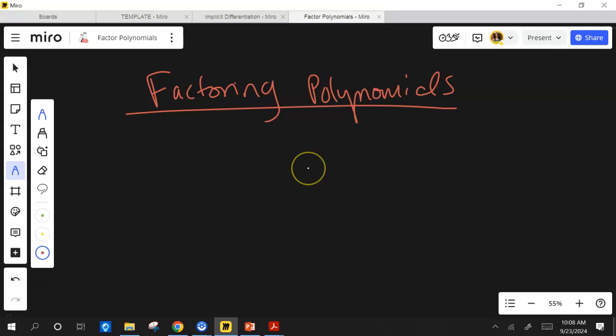Now, if there's 3 terms, it could be a perfect square trinomial, a quadratic factored by grouping, or a quadratic form. That's what you have to determine.